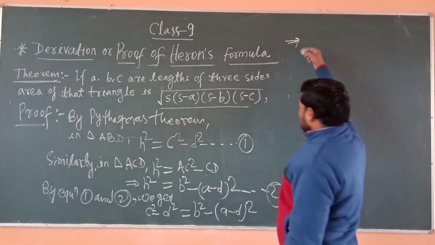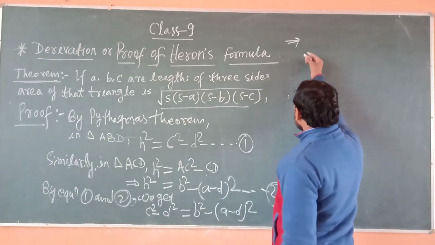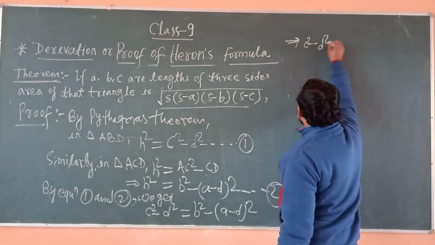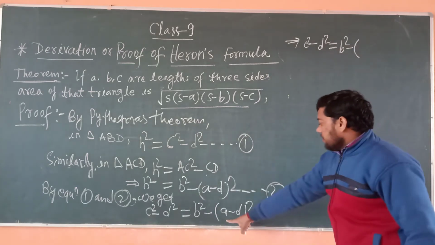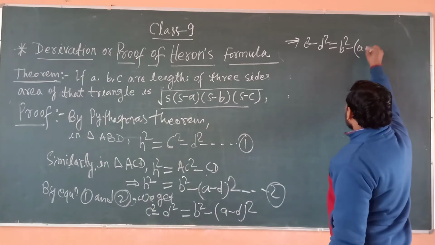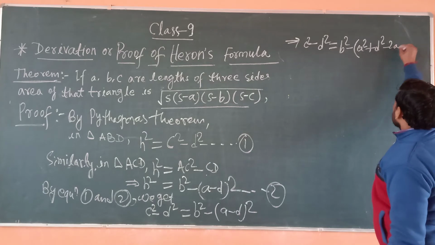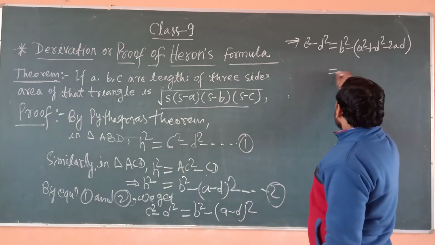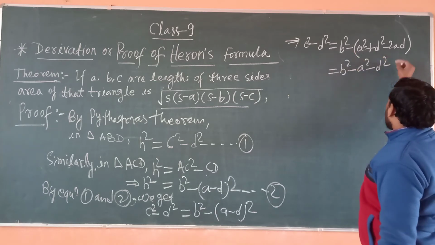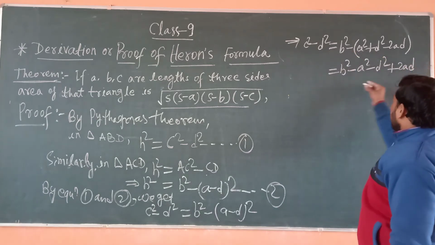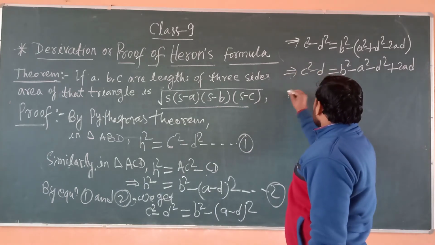Which implies that c square minus d square is equal to b square minus (a square plus d square minus 2ad).